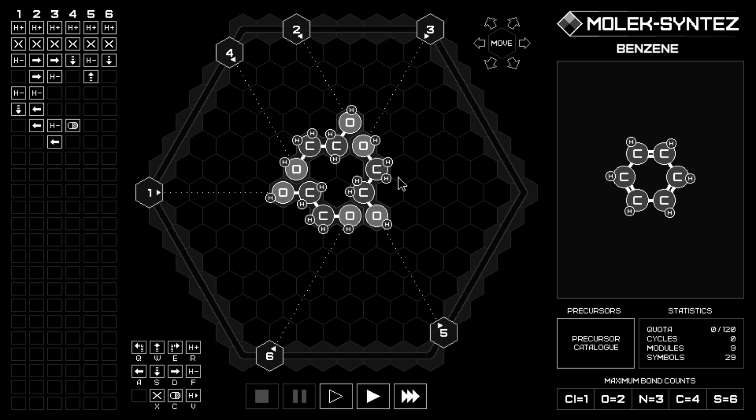And recreating the precursors and filling up all the vials is a very tedious process because the output container where my output chemical goes is only one container, and I have to essentially put those into the vial so that I can unlock the precursor in the UI, and it's gonna take me some time to do this.